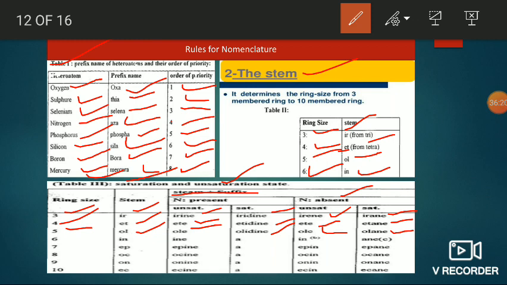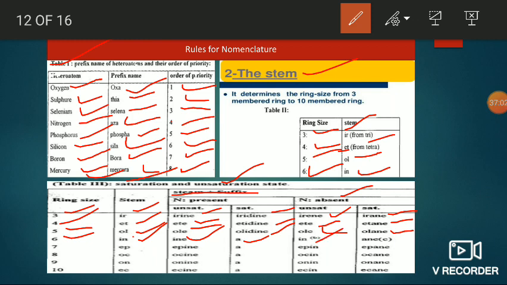Okay. In the case of a six-membered ring, the stem is "in". Then if the compound is unsaturated with a nitrogen atom, then the stem plus suffix becomes "ine". Then in the case of six-membered rings with nitrogen atom and saturation, then it is simply stem plus suffix becomes "ane". If the compound is six-membered and unsaturated without any nitrogen atom, then it is "ine".